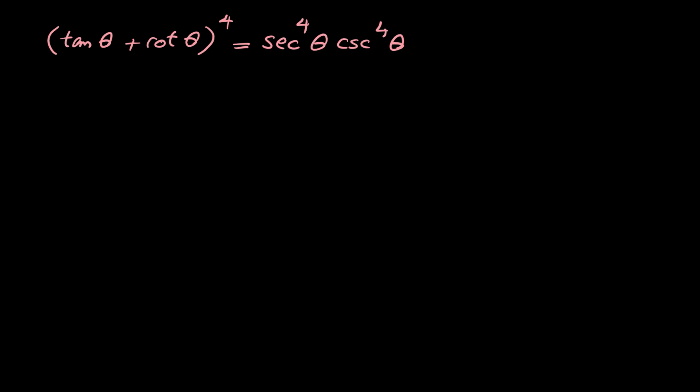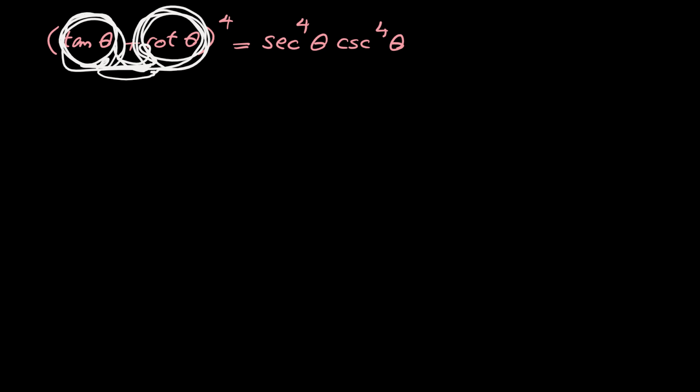The other thing that you can do here is to think of the identities that we have for tangent and cotangent. For tangent, we can write it as sine over cosine. Cotangent, cosine over sine. And then you have fractions here, and you can combine those two fractions. You can do a common denominator and combine these two as a single term.